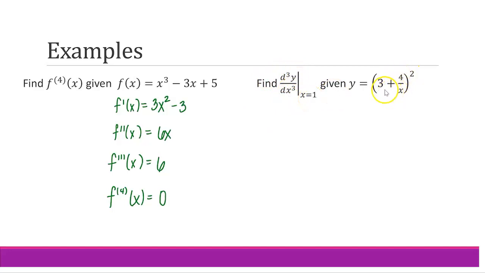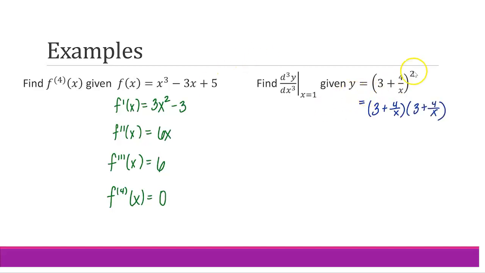Now here, 3 plus 4 over x all squared, that's not set up for us in a way to apply the power rule. So we are going to go ahead and multiply this out so we get a bunch of terms added or subtracted. So we're not taking a derivative yet. I'm just going to put equals. So I have 1 plus 4 over, 3 plus 4 over x, times 3 plus 4 over x.